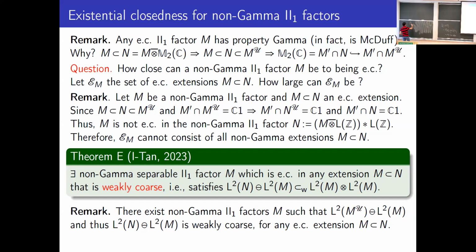So the property that I'm looking at is that there are II1 factors M such that L2 of M to the U minus L2 of M is weakly contained in the coarse bimodule.